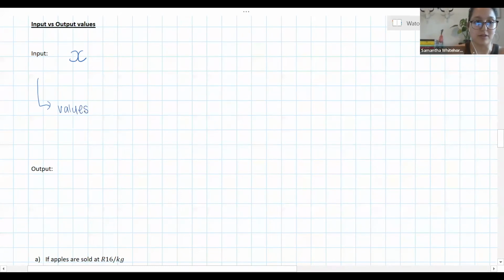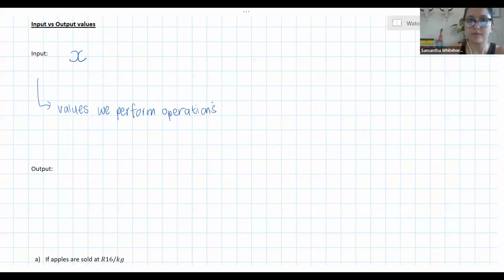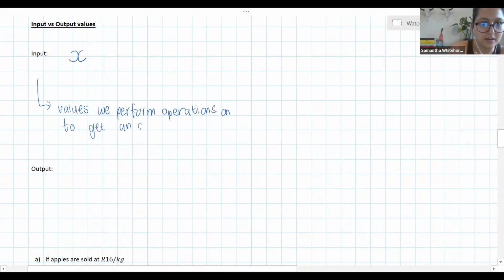And I'm going to try to put that all down. Values we perform operations on to get an output. There we go.